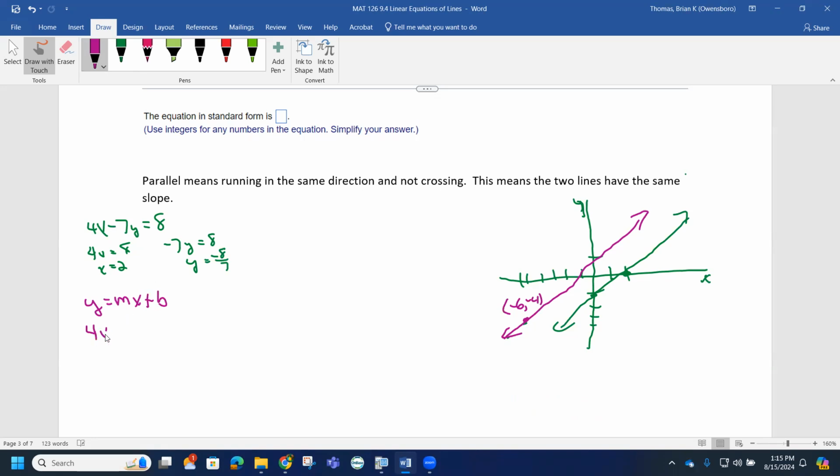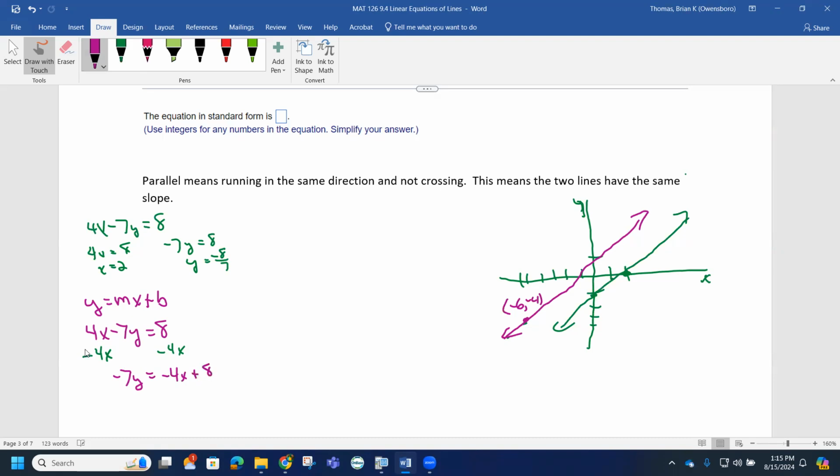If I have this 4x minus 7y equals 8, I would want to find the slope of this line. So I need to move this 4x to the other side, -4x, if you will. You may start to learn that when you move something to the other side, its sign changes, so you can get quicker with it. So you literally just go -7y equals -4x plus 8.